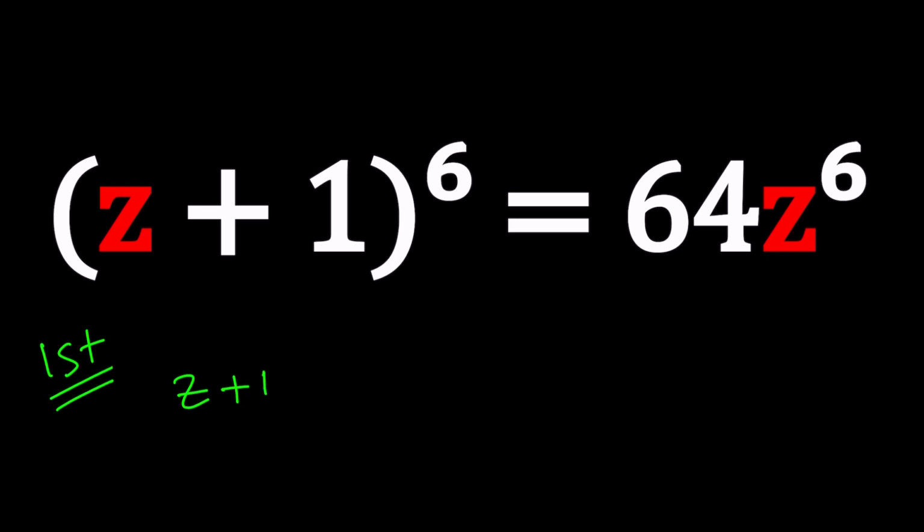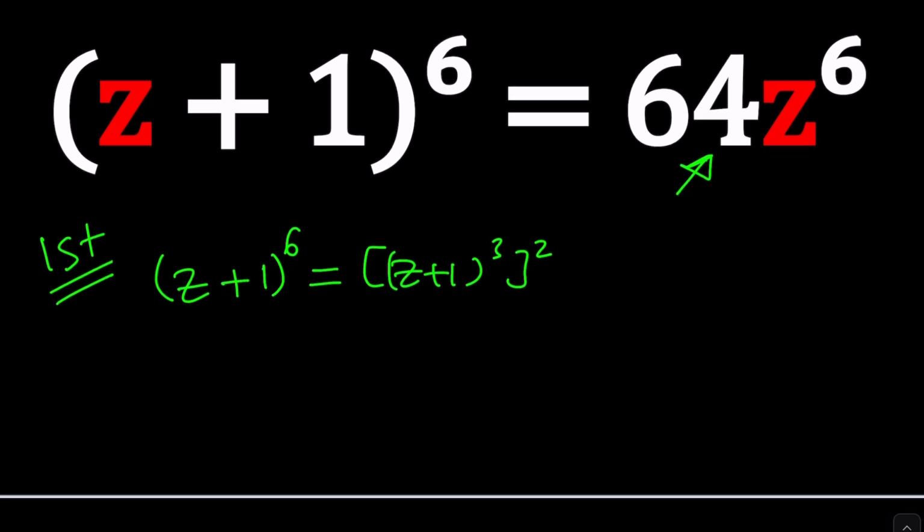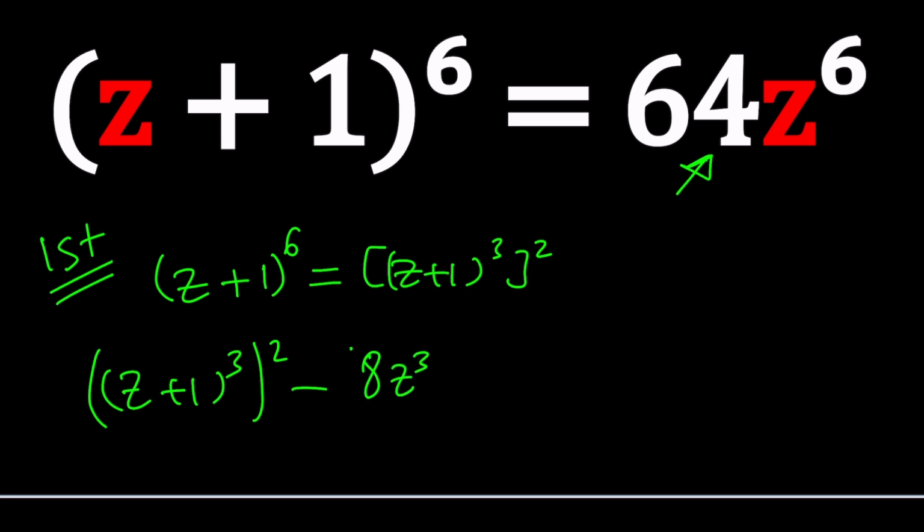You can think of this as ((z + 1)^3)^2, and the same thing goes for this, so then you can get a difference of two squares. In other words, you're going to get this squared minus (8z^3)^2.